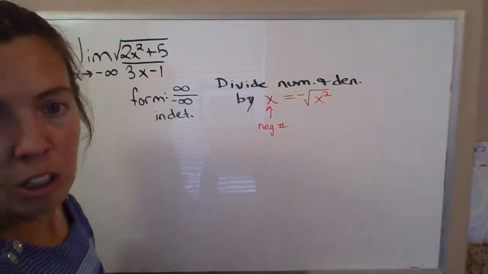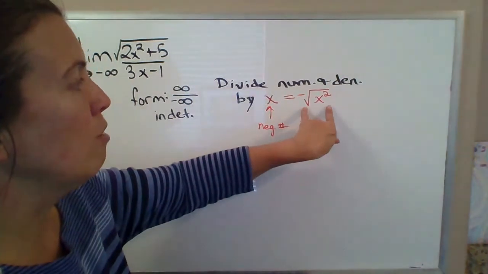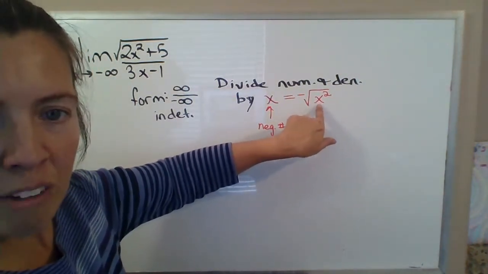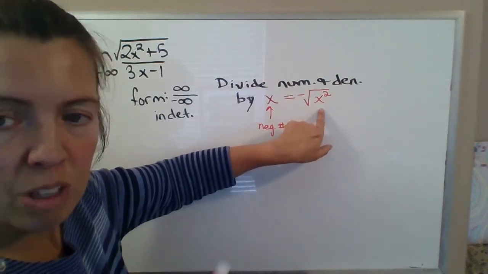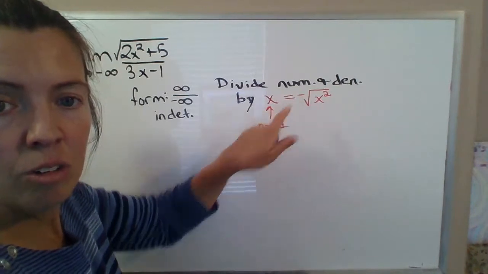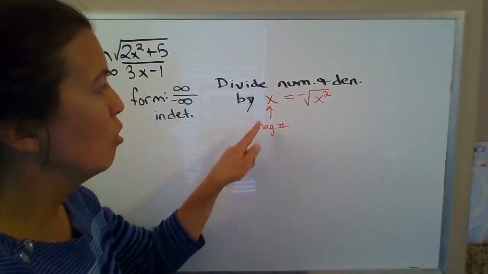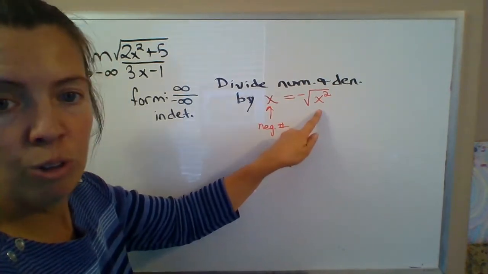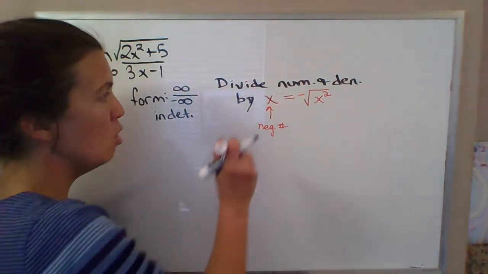When you do the square root of x squared, you'll have turned it positive when you squared it and then took a square root, so we just need to make it negative again. So for a negative value of x, x is equal to negative square root of x squared. I want to make that note right here.